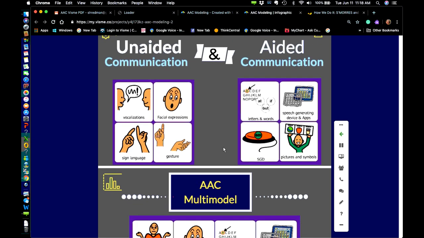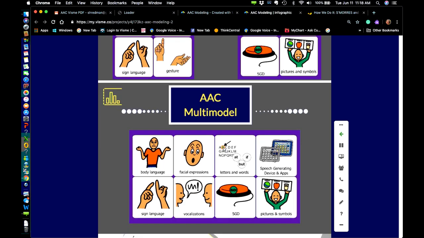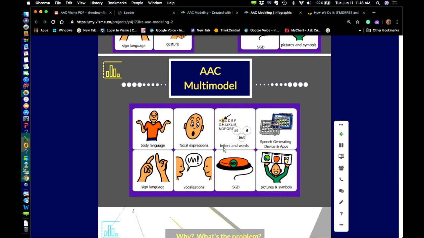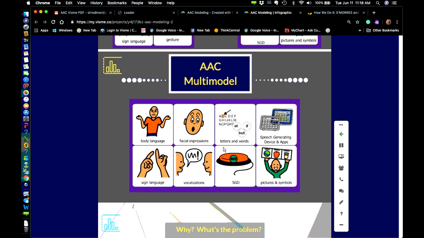When we're working with AAC, and this is something we're starting to really understand within the research, we need to understand this idea of multimodalities, not just understanding that there are multimodal ways of communicating, but accepting those multiple modes of communication. So not just understanding that they're there, but accepting.